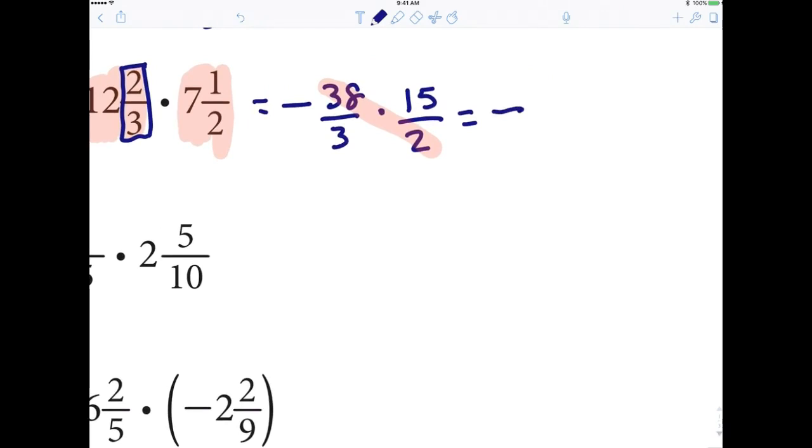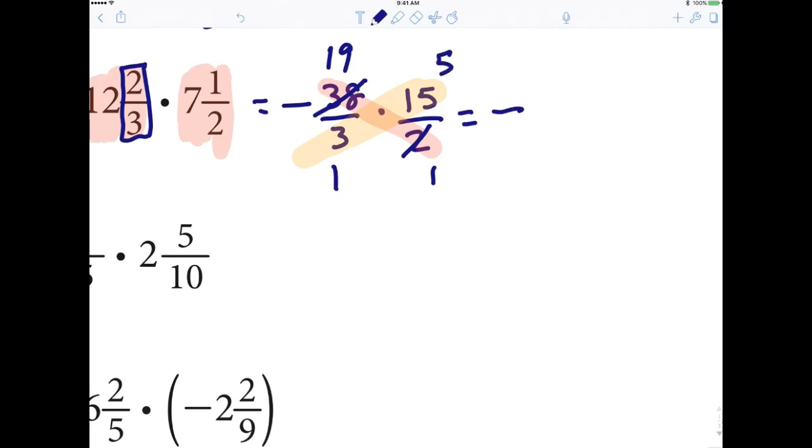Now, 2 goes into 2 how many times? Once. 2 goes into 38? 19 times. Very good. You always got to be on your toes here, because if you don't reduce, it makes the problem harder. So now this 3/15 becomes a 1 and a 5.